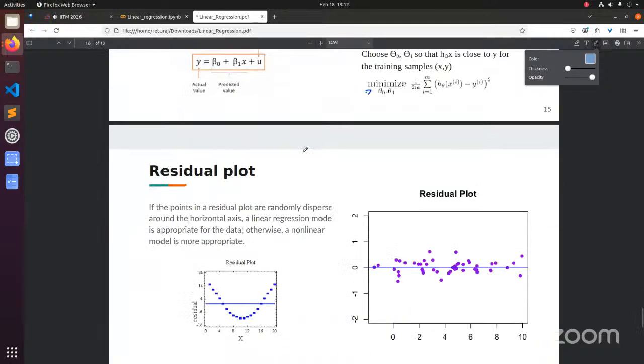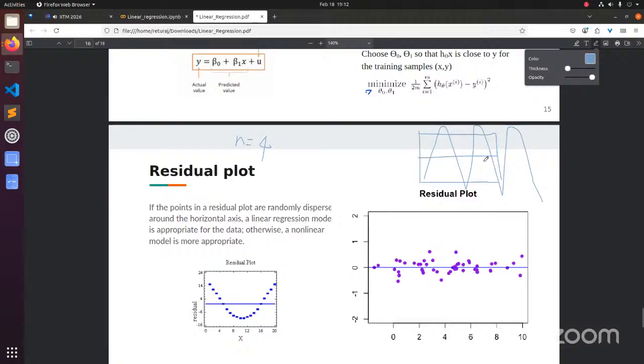Say you started with degree n equal to 4, and you drew the residual plot. For every value of x, you find the error in the prediction, and this is the plot that you get.